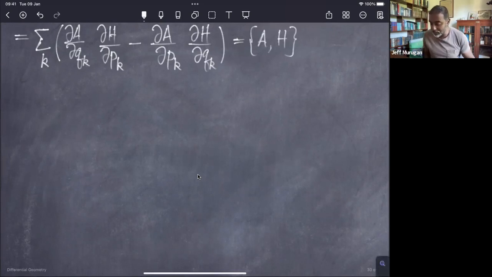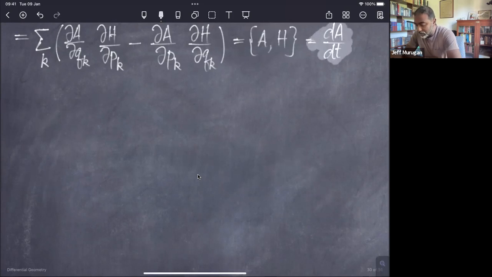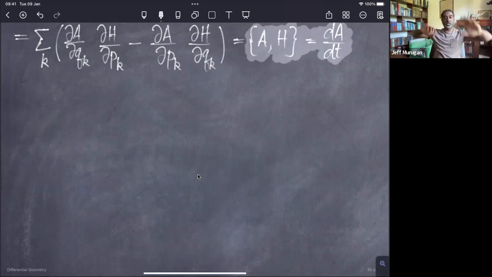In other words, what we've learned is that the time evolution of some function on phase space, dA by dt, is nothing but the Poisson bracket between that function and the Hamiltonian. So again, for those of you who've done quantum mechanics, the structure of this should be entirely familiar.